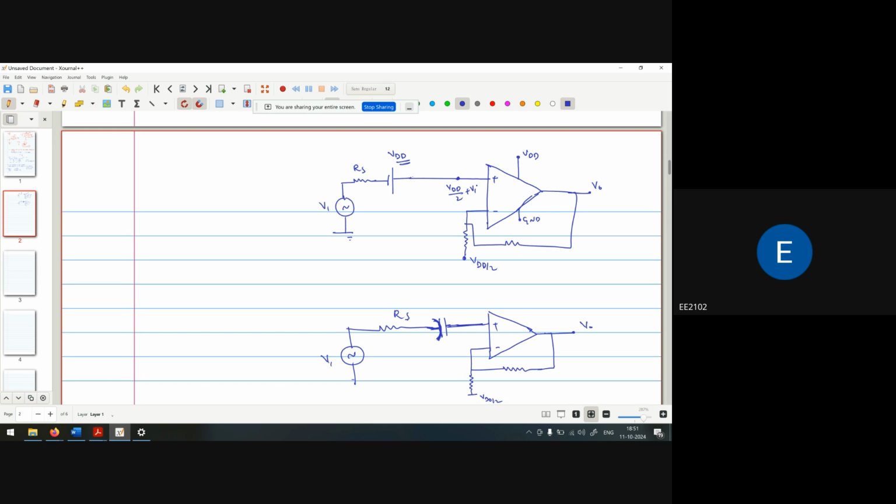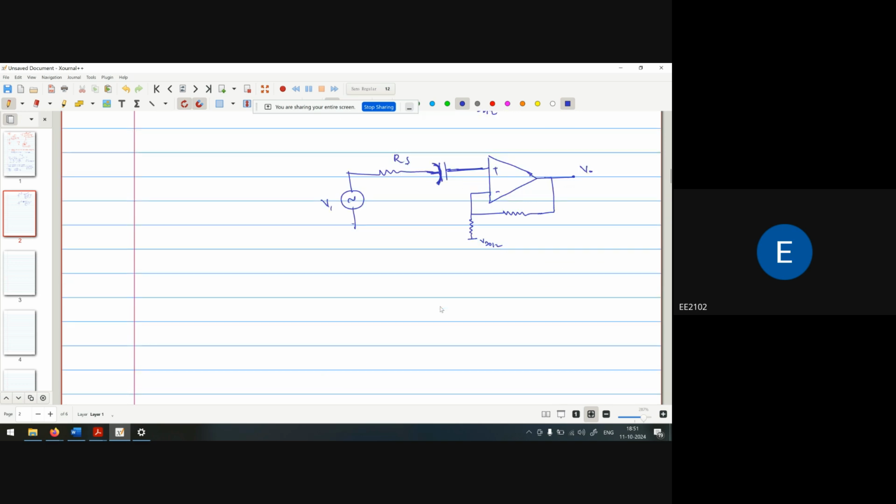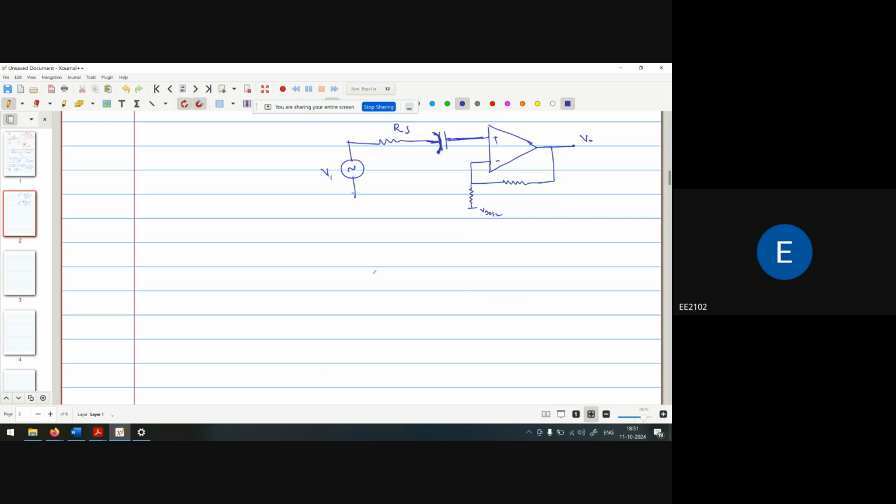Now if I have added one resistor here, this is VB, this is the RB, and this one is the RB and grounded.